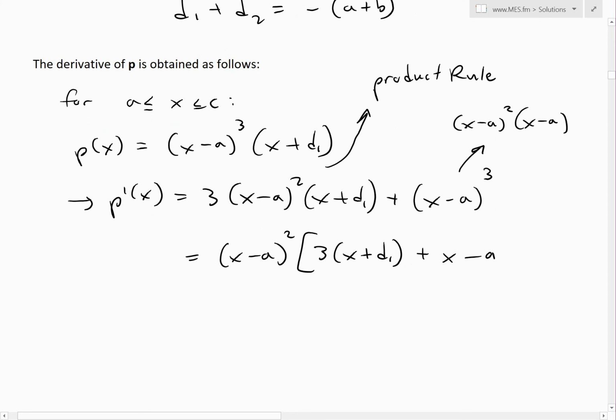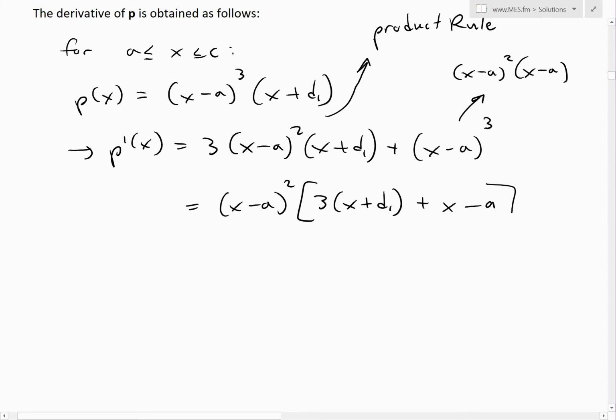Simplify this out, x minus a squared. This is going to be 3x plus 3d1 minus a, plus x minus a. So what I'll do right here is add these up, this 4x, I'll just erase this to make it quicker, 4x minus a. So that is our first derivative.